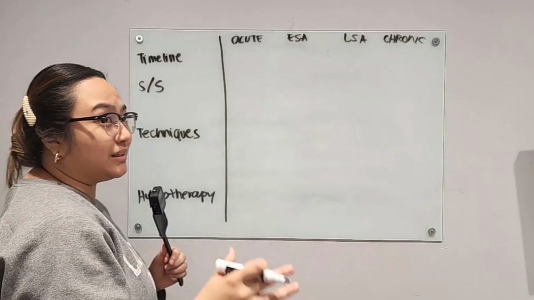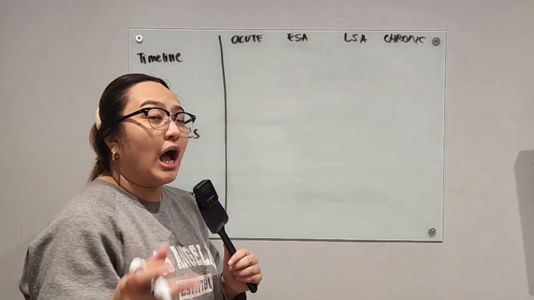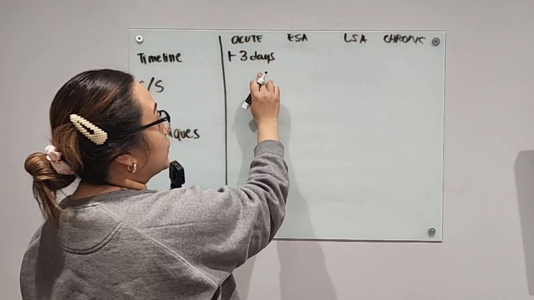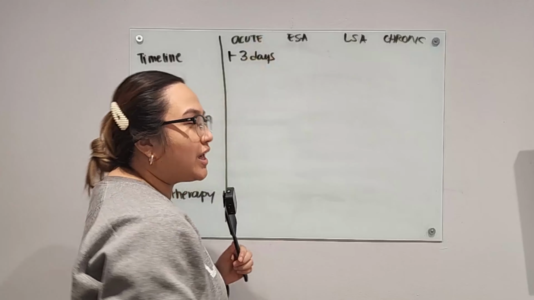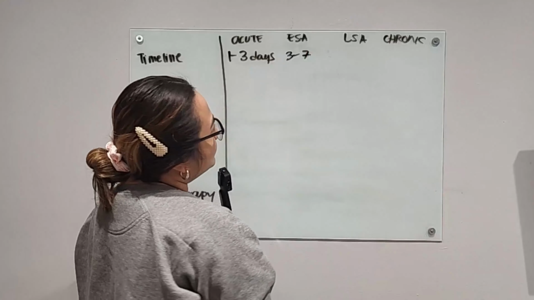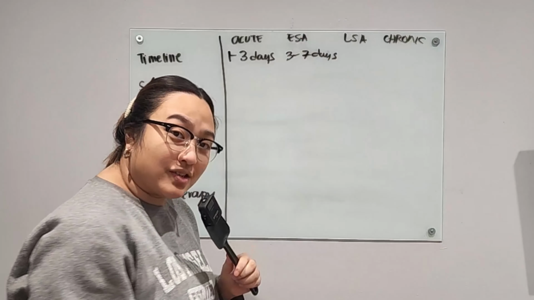So let's say the case scenario they gave you says that John got injured 1 to 3 days ago, then consider that as acute. But let's say it's like 3 to 7 days, then consider it as early subacute.